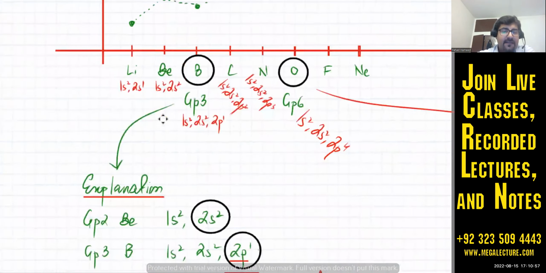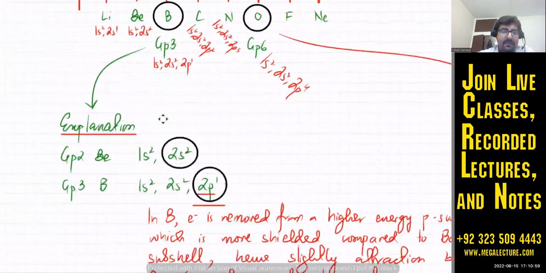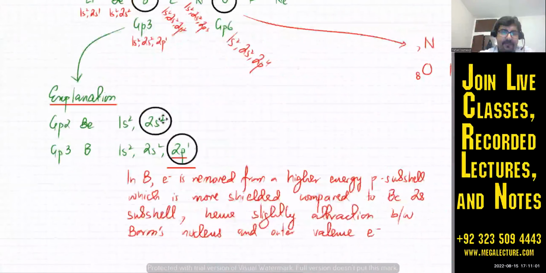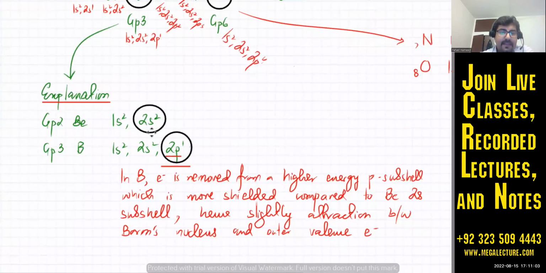So it becomes easier to remove electrons in this case. The electron is slightly further away in boron, it's more shielded, and you're removing it from a higher energy p subshell. So that's why there's a slight decrease at boron.